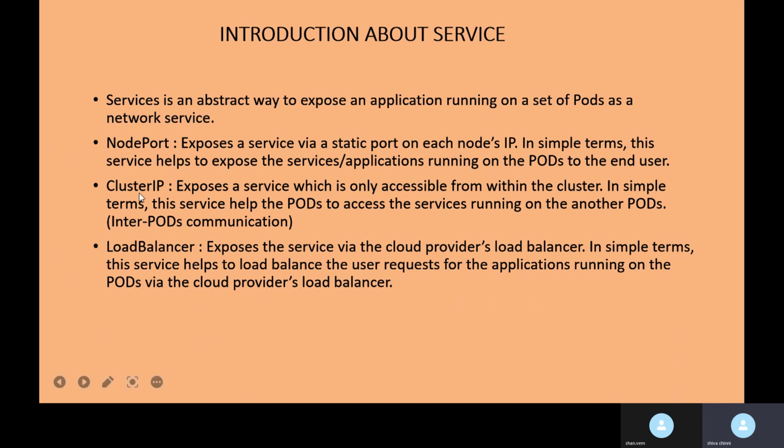The other service is cluster IP, which is only accessible from within the cluster itself, but we can't access it from the outside. This service helps the pods to access the services running on other pods as well. So basically it is an inter-pod communication service.